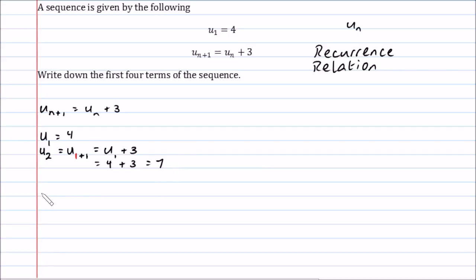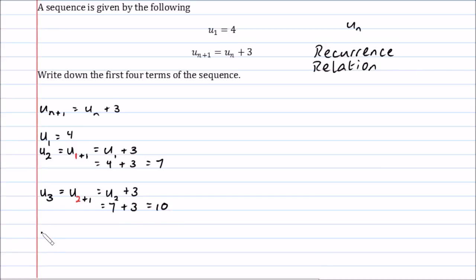Now we go on to u3. u3 is u of 2 plus 1, which would simply be u2 plus 3, which is 7 plus 3, which is 10.